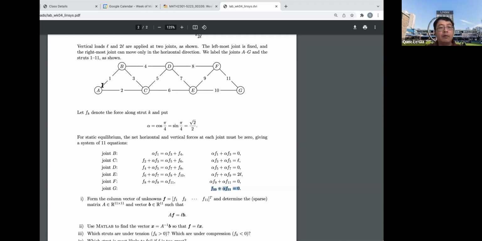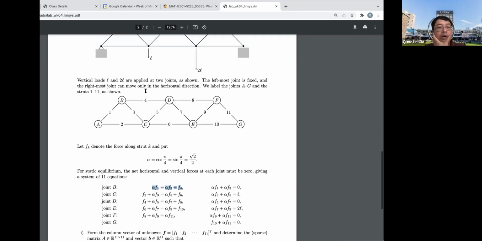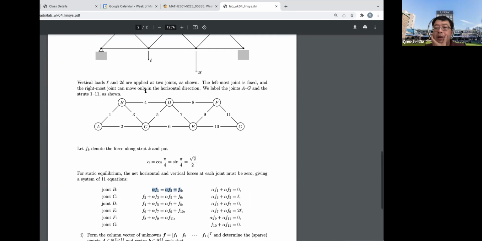And for each edge you get all the equations. So for the joint, we form 0 equals F1 plus F2.